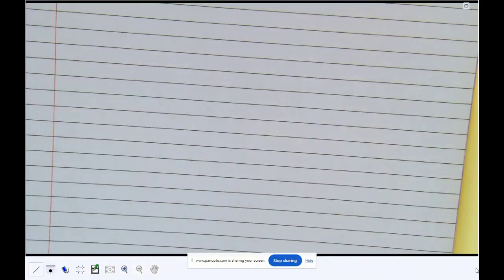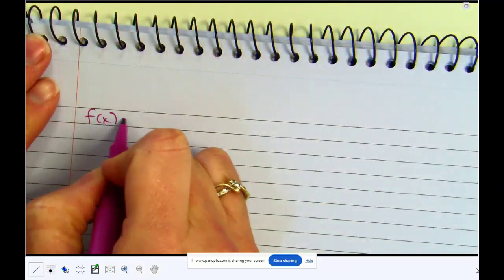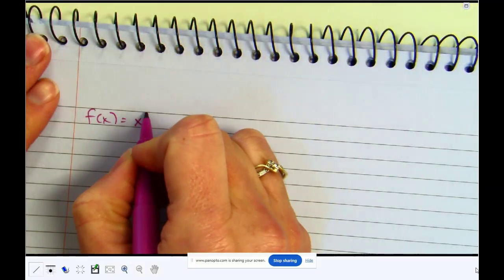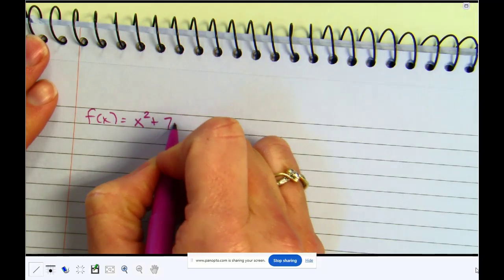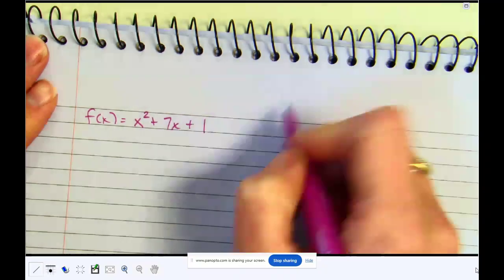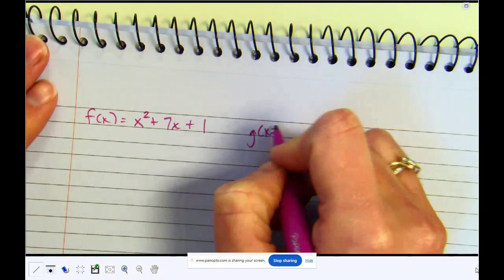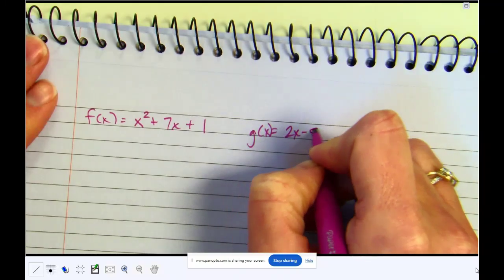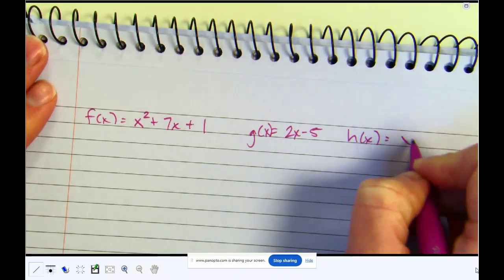So today we are reviewing 4, 6, 7, and 8. Okay. So number 4 is function math. Let's say we have f of x is equal to x squared plus 7x plus 1, g of x is 2x minus 5, and h of x is x plus 7.